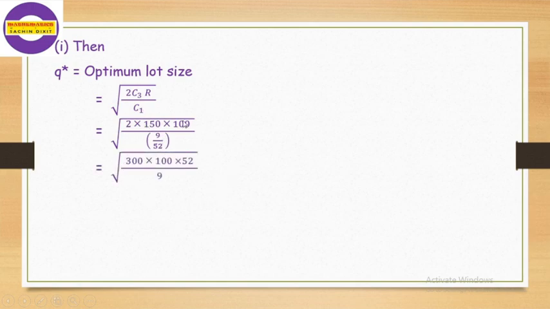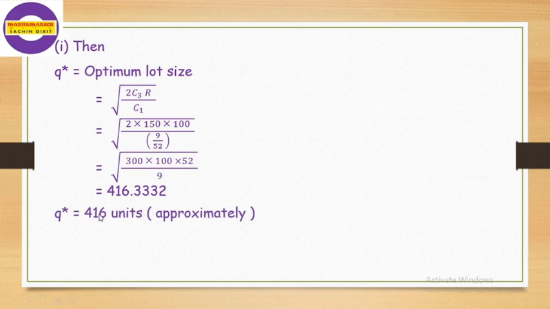This can be written as under root of 300 multiplied by 100 multiplied by 52 divided by 9. After simplification, it gives 416.3332. That is the value of Q star. So we convert it into an approximate value, because no product comes in fractions. So Q star is 416 units.